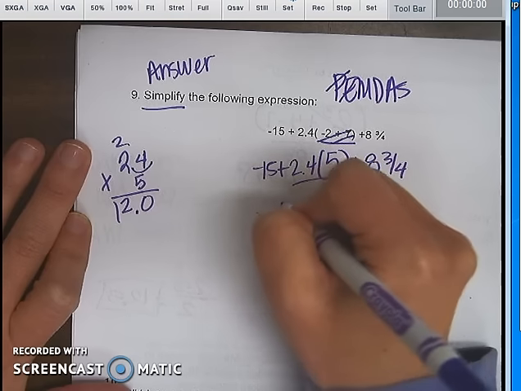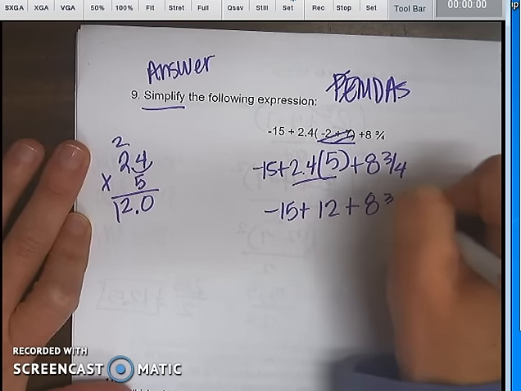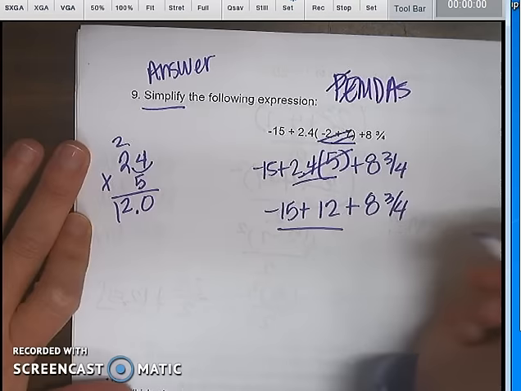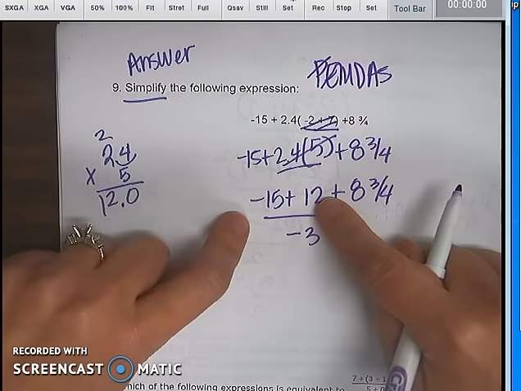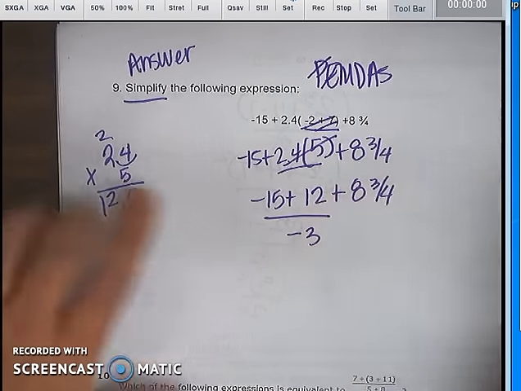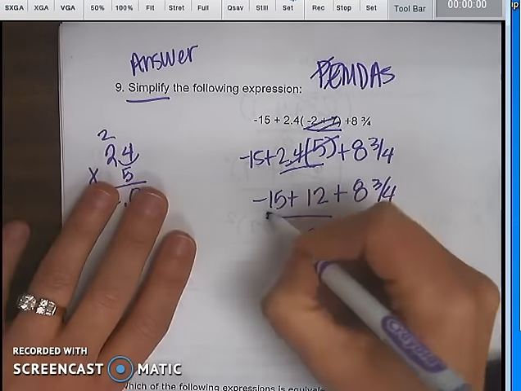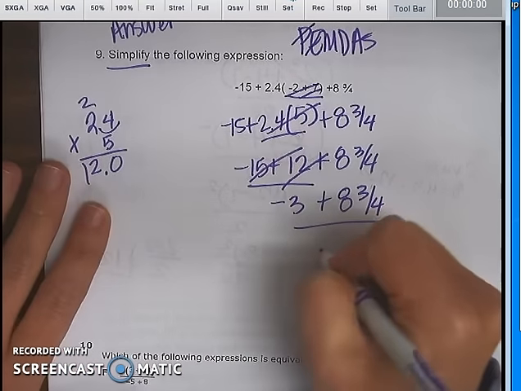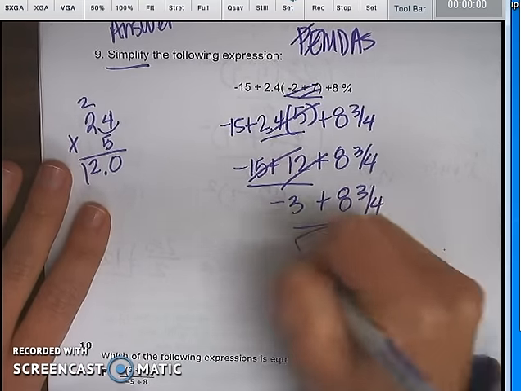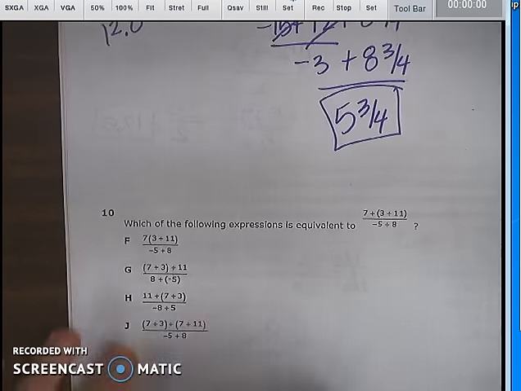So this right here is -15 plus 12 plus 8 3/4. -15 plus 12 gives me what? -3, same sign, add, different sign, subtract, plus 8 3/4. That goes away. -3 plus 8 3/4 gives me 5 3/4. Easy.